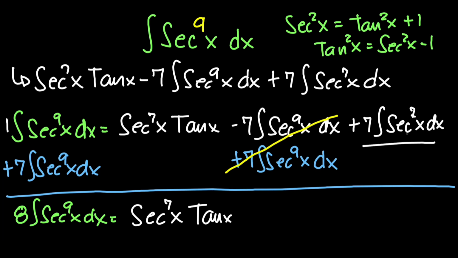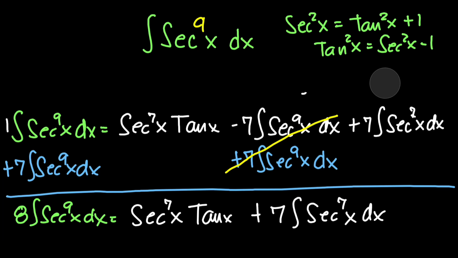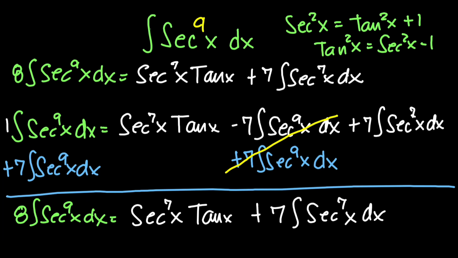And what we have left here would be this one. And we are left with this equation now. 8 integral of secant to the power 9 of x of dx would be equal to secant to the power 7 of x tangent of x plus 7 integral of secant to the power 7 of x of dx.